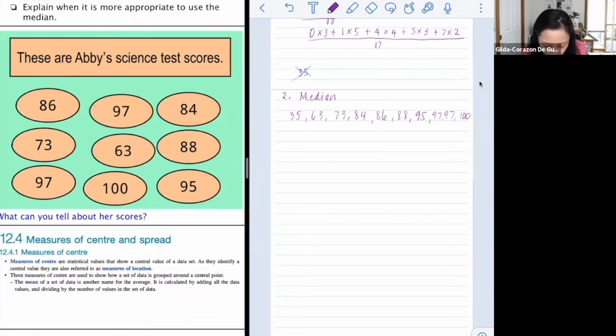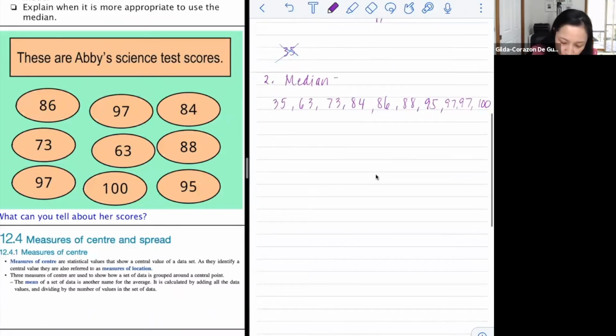Got 2, 4, 6, 8, 10. Perfect. Because originally she had 9 and we added the 35, which is the lowest score, right? And now we've got 10 scores. Okay. Now, when we're looking for the median, we said median is the middle score of an ordered data set.